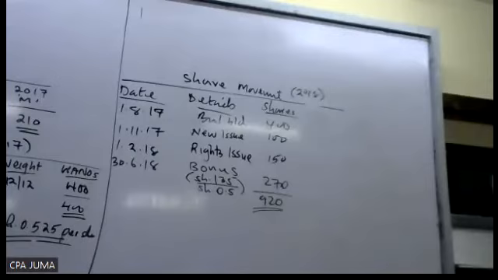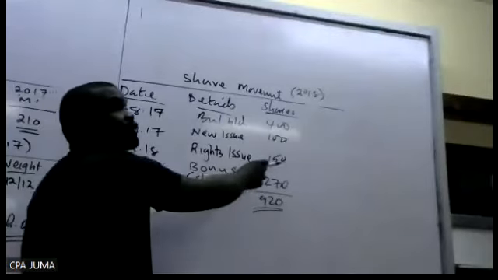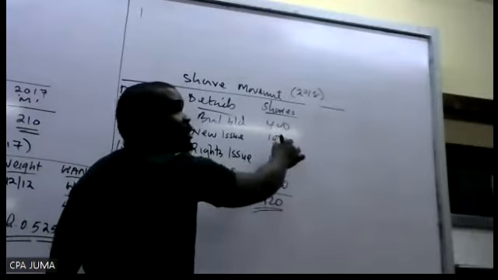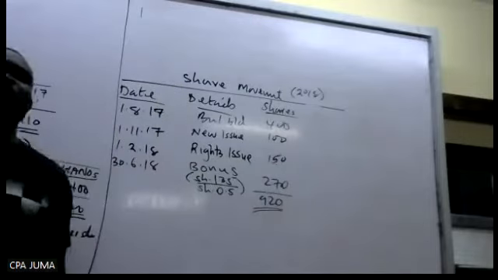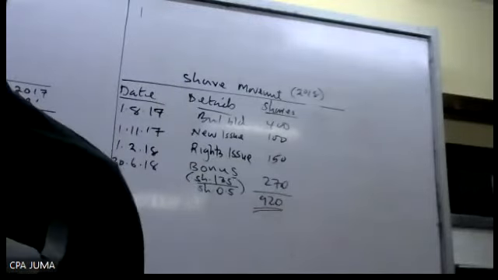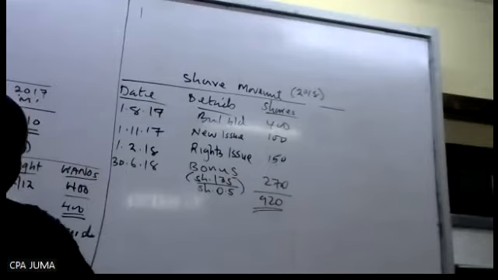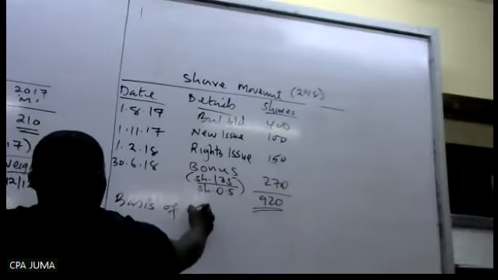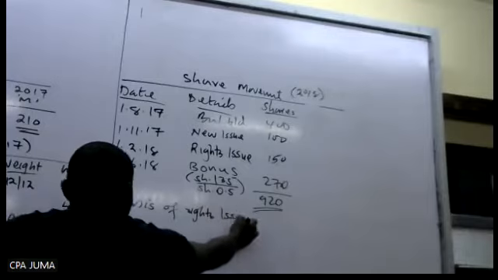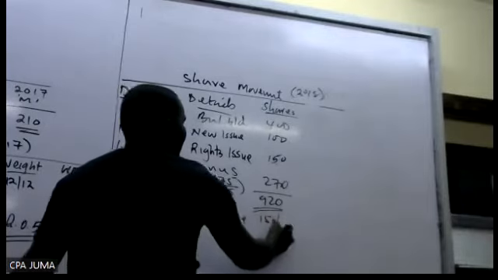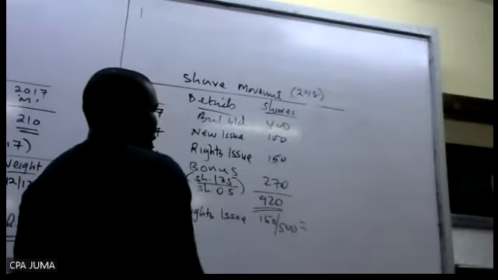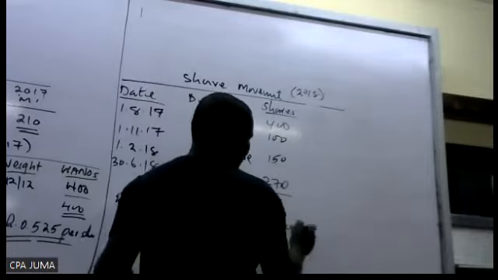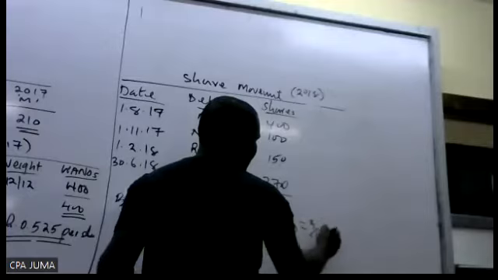So to get this ratio, the rights of 150: how many shares were we having before the rights issue? 500. So take 150 over 500. You'll get the basis of the rights issue. 150 divided by 500 is like saying what over what? 3 over 10.